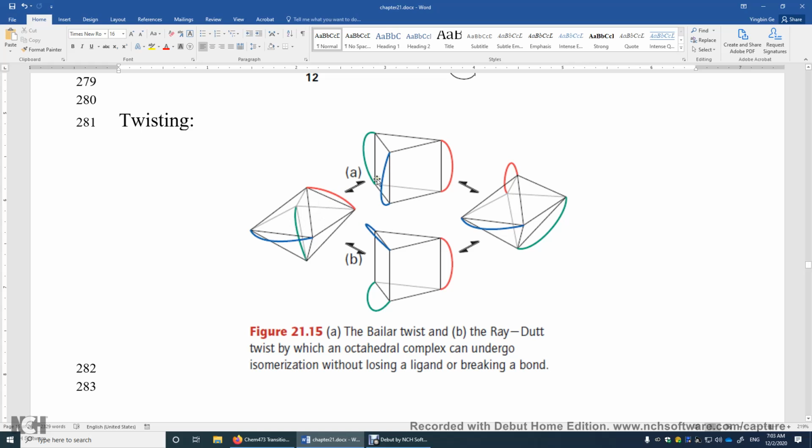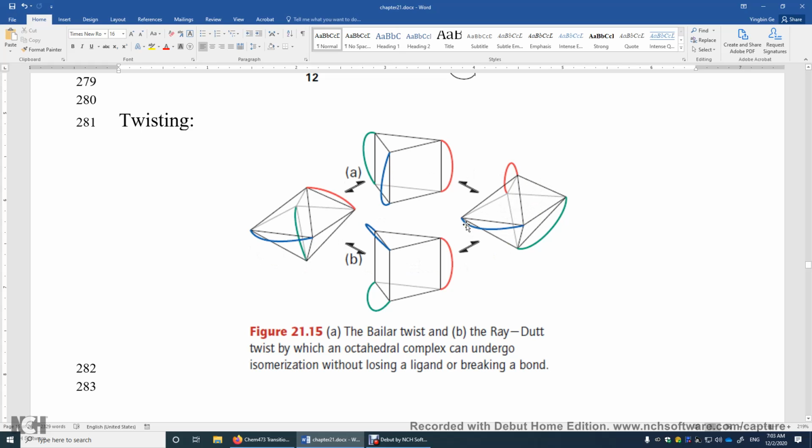the top path is called a Bailar twist. The bottom path is Ray-Dutt twist. But anyway, there are different ways of twisting the octahedron to trigonal prism and back to octahedron. There's another way to rotate or to twist this octahedron to a different trigonal prism and then to another octahedron. So two different pathways.